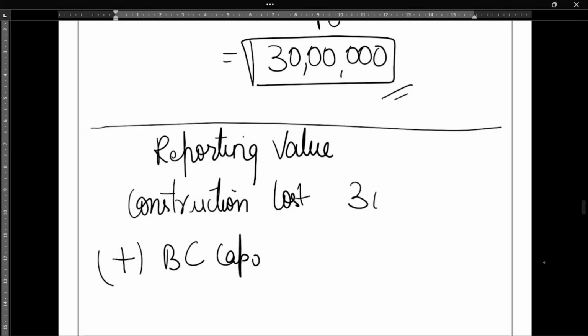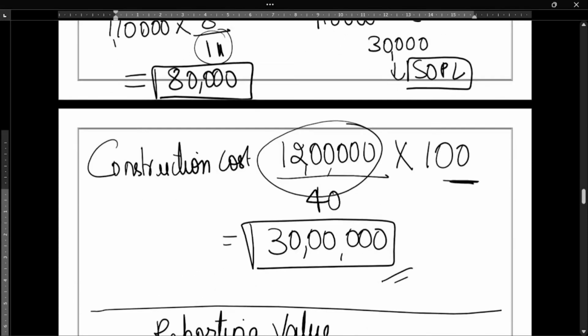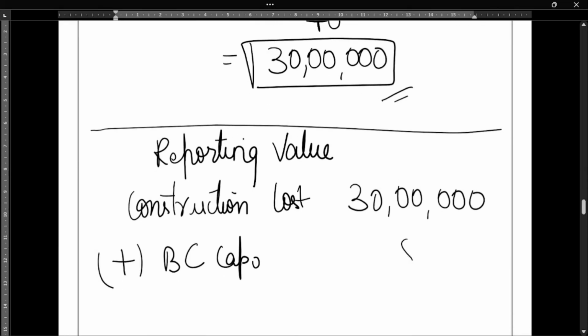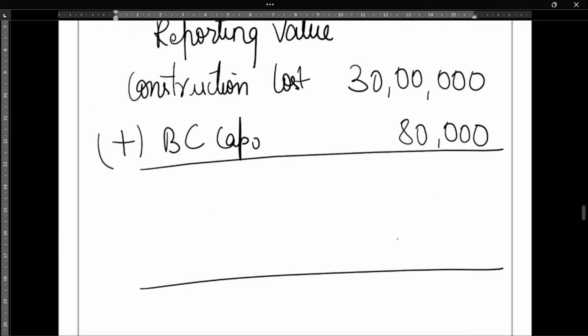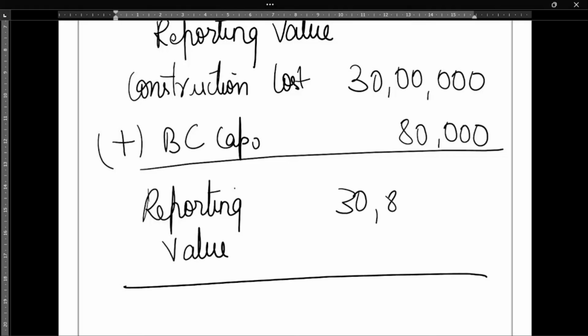The construction cost is 30 lakh. The borrowing cost capitalized is 80,000. So 30 lakh plus 80,000. When you add these, we get the reporting value of the asset, which means the value at which it will be shown in the balance sheet will be 30 lakh 80,000.